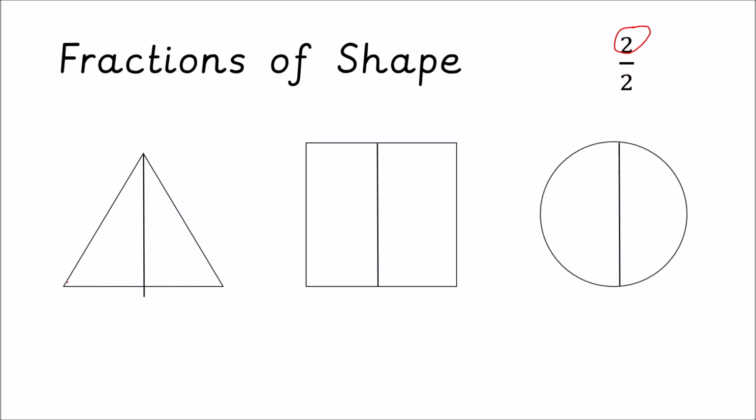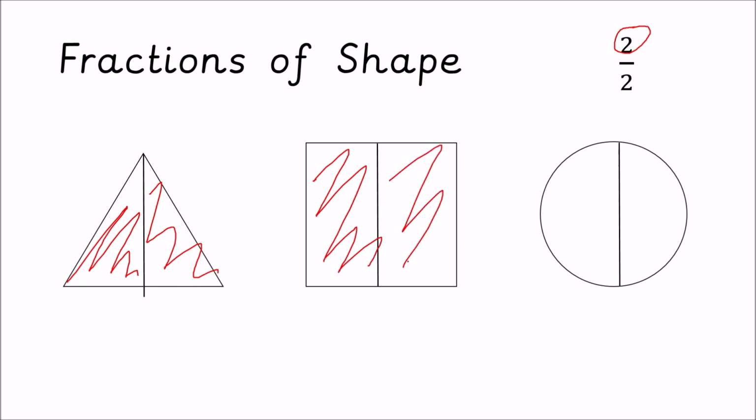So here, 1 piece shaded, 2 pieces shaded, 1 piece shaded, 2 pieces shaded, 1 piece shaded, 2 pieces shaded. And you'll notice here that because the numerator and denominator are the same, shading in those fractions has actually led me to shade in the whole shape.